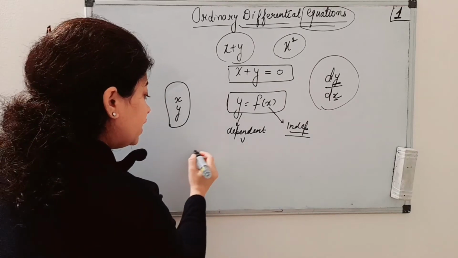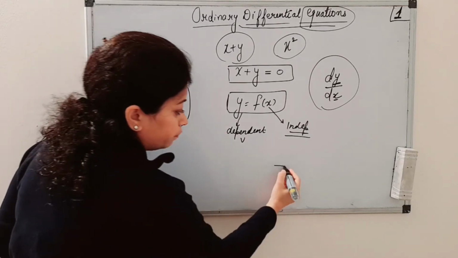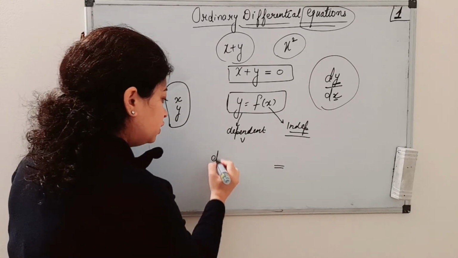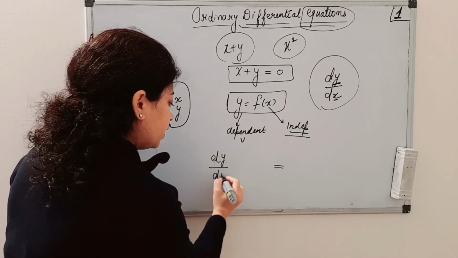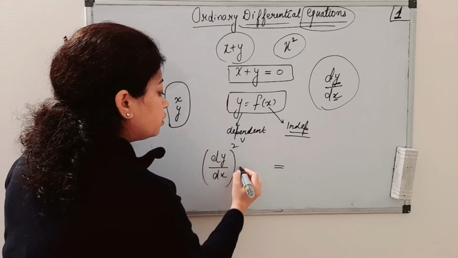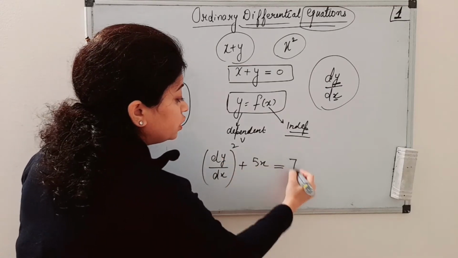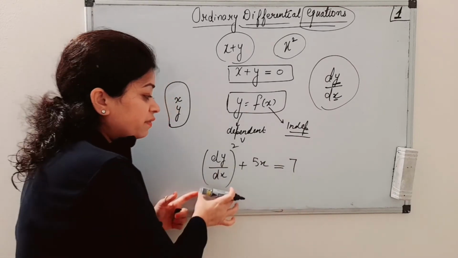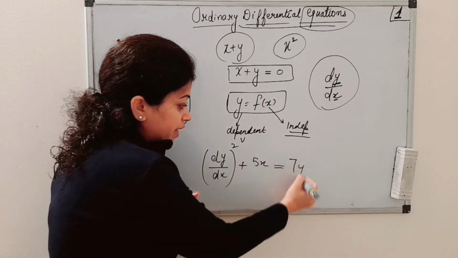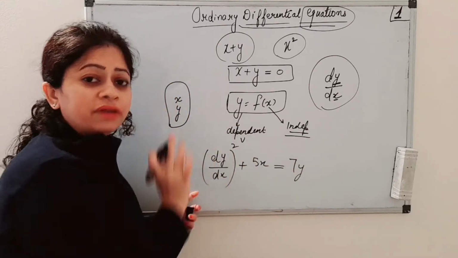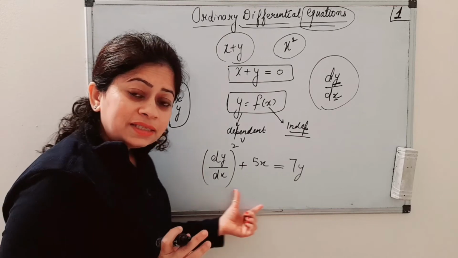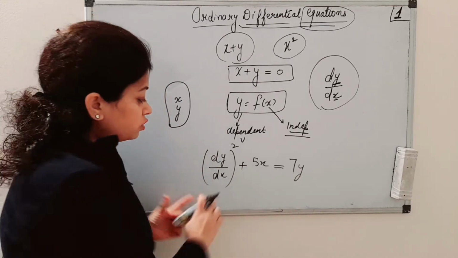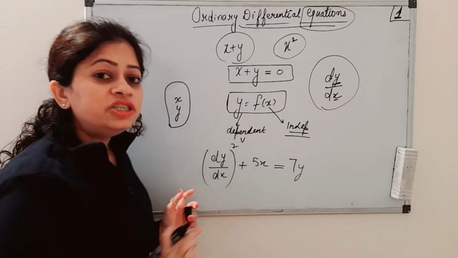So if we have an equation of derivatives, suppose dy by dx whole square plus 5x equal to 7, it can have x, it can have y, and it can have derivatives. These types of equations are called differential equations because they contain differentials.